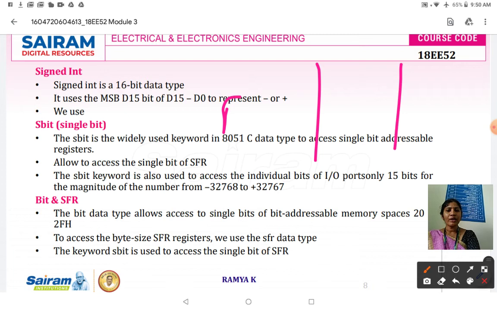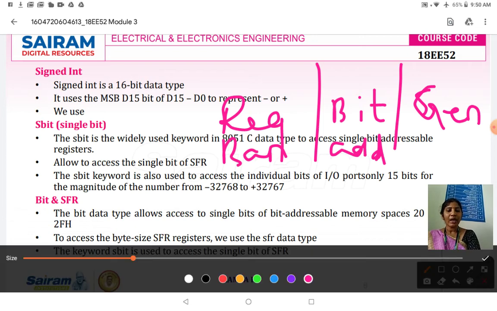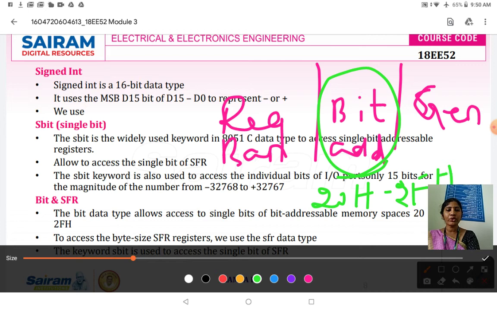First is the register bank. Second is the bit-addressable memory. And third is the general purpose memory. So if you want to access any of the bits between 20H and 2FH, then we use the bit data type.